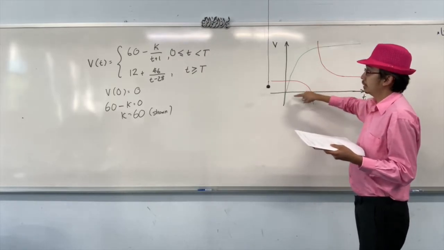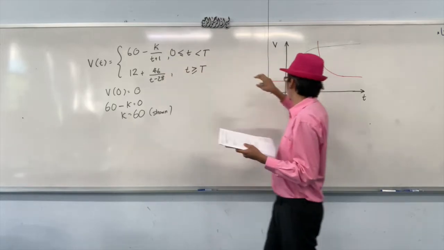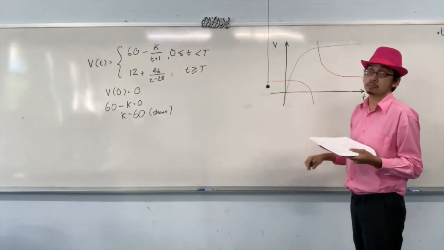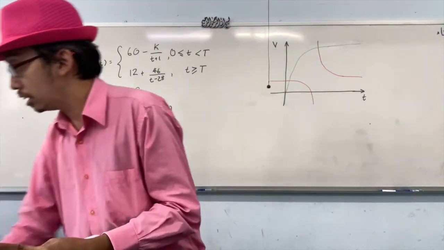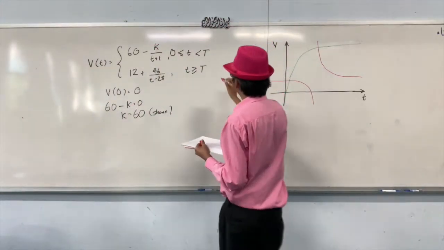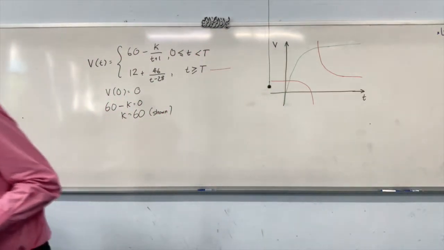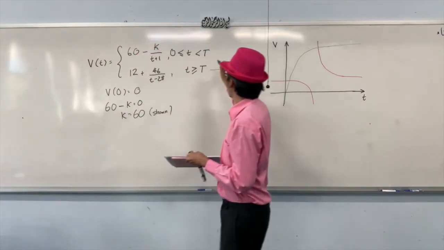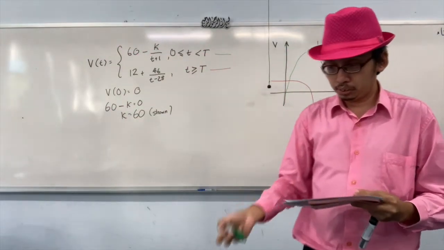The green one is the first one, and the red one is the second one. Maybe to guide you, I'll color it: this is red, and this is green. Alright, so that is just the plotting.